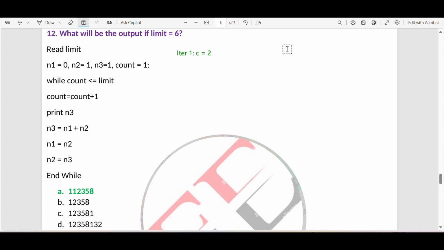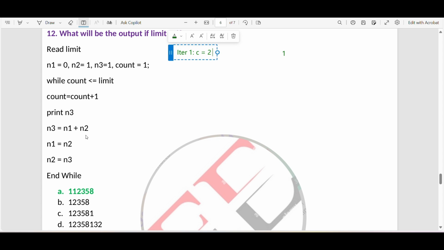Here I am just updating all the print values. So print n3, that means n3 is 1. So 1 is printed. And next, in iteration 1 itself we have n3 equal to n1 plus n2, right.